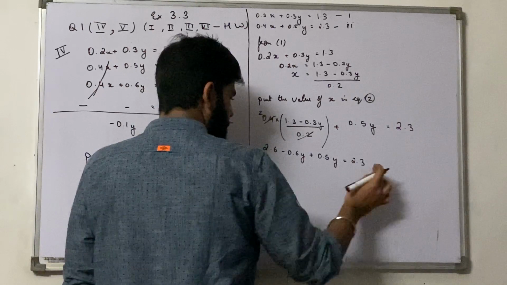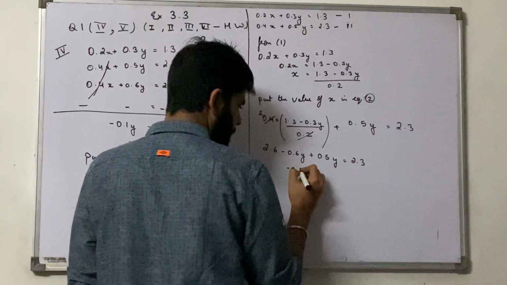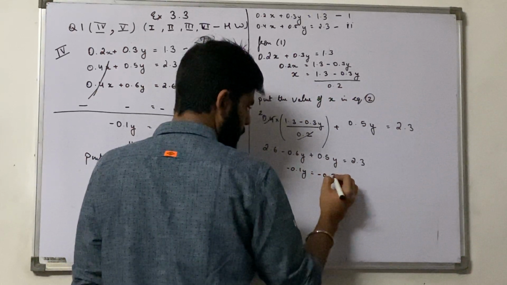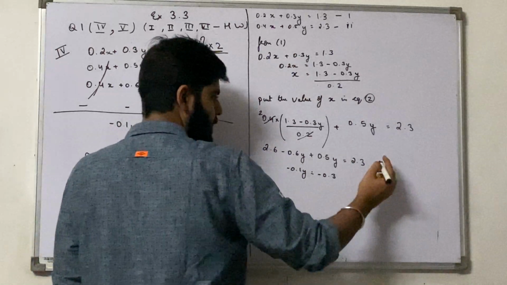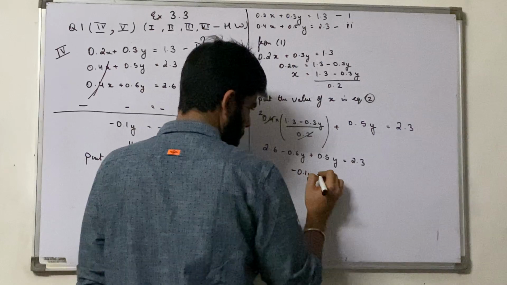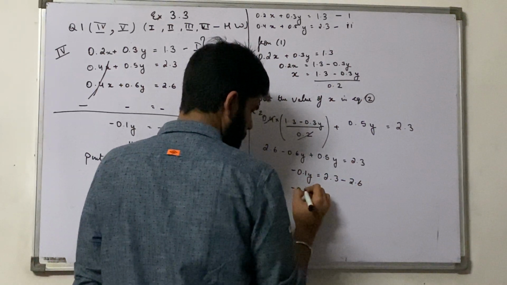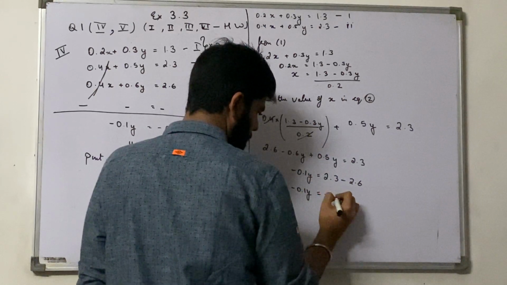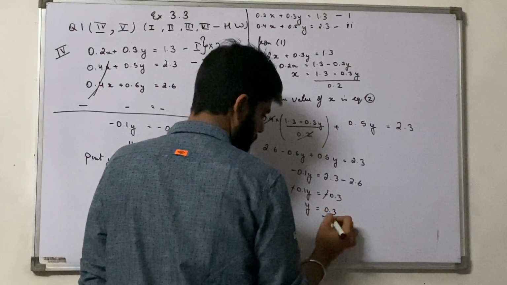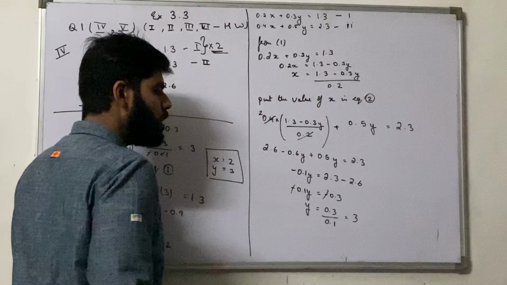This will go over here and this will get subtracted from here. This comes out to be minus 0.1y, and this will go over there. This comes out to be minus 0.3. Because this is negative, I will solve it. Hence we get y is equal to 3.